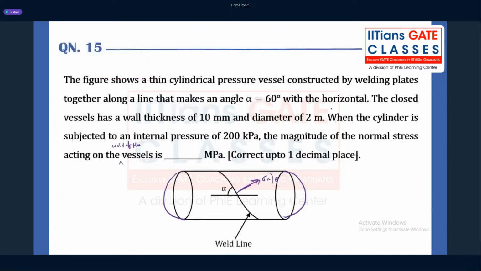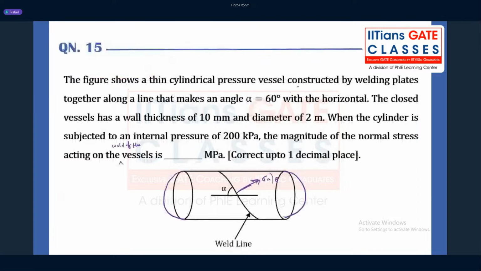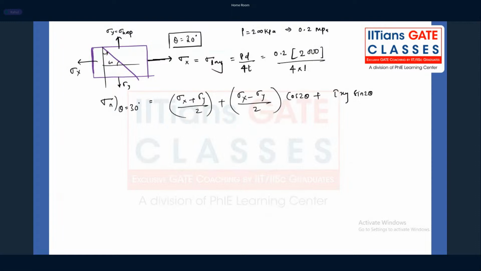The diameter is 2 meters, which you can keep as 2000 mm. The t value is 10 mm. So 0.2 into 2000 over 4 into 10 gives 10 megapascal, which is the longitudinal stress. The hoop stress is again 20 megapascal. What is tau xy? There is no shear stress.